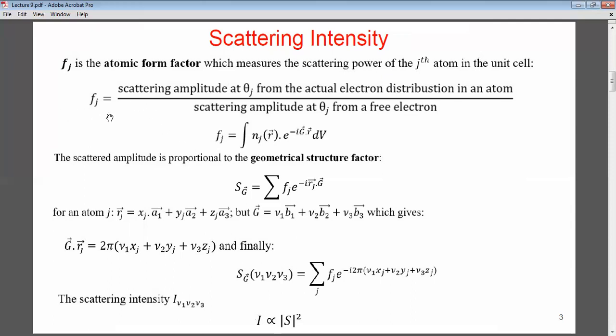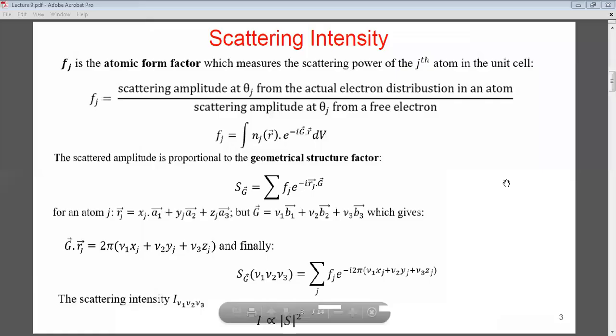Fj can be derived to be the integral over the jth atom of rho(r) multiplied by e to the minus i G dot r, where G is the reciprocal lattice vector. The scattered amplitude is proportional to the geometrical structure factor.